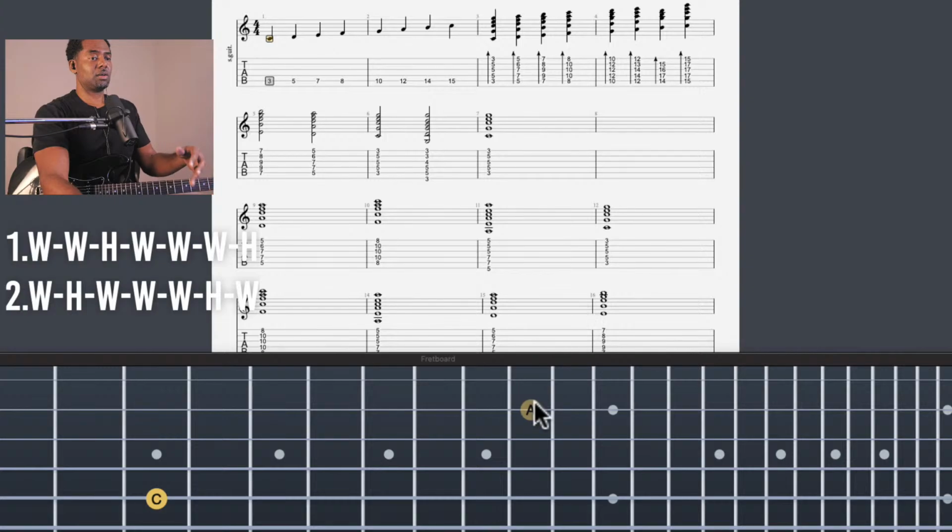Okay, so those are the intervals to that. And really, the 3, well, you take this W, okay, you put that on the back, and that H is in the front. That's going to be the 3.